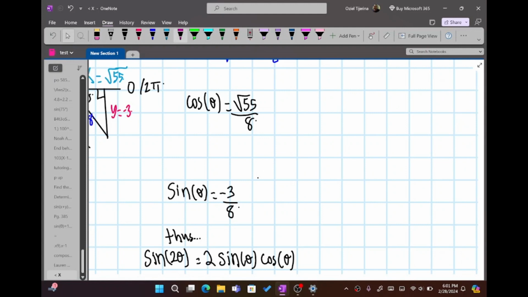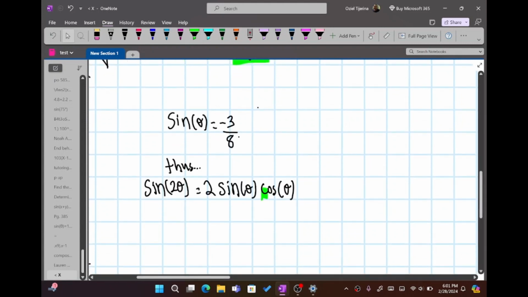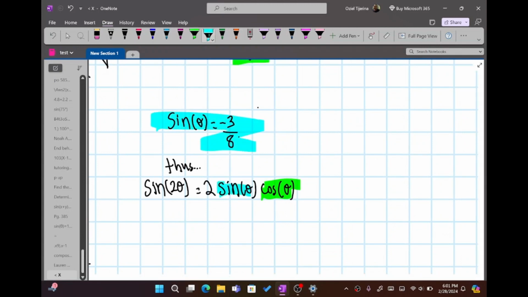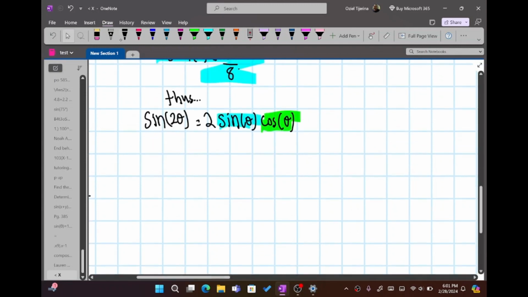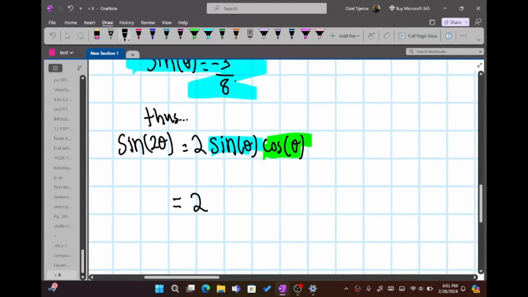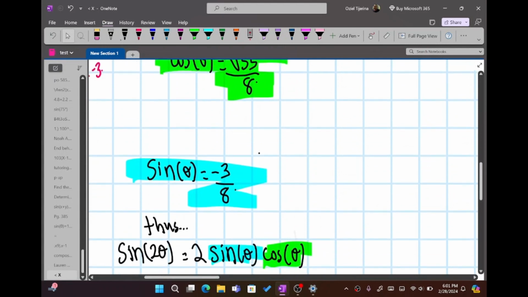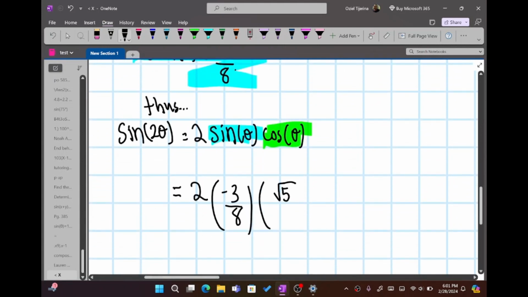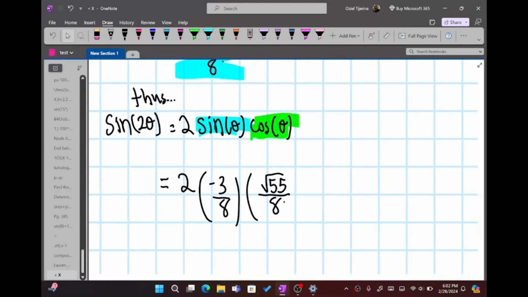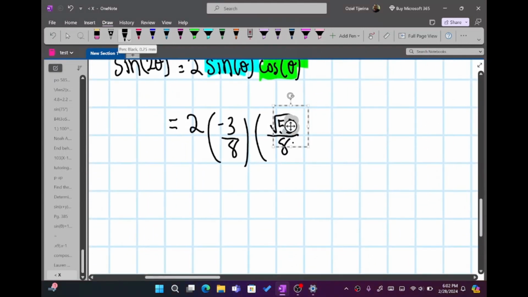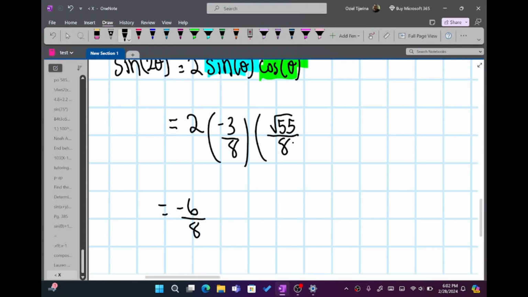We have this here, which would be this, and then we will have the sine theta, which is this part. So then we're gonna do 2 times negative 3/8 times square root of 55 over 8. Now, if you think about it, this is going to be negative 6 over 8, and then times square root of 55 over 8.